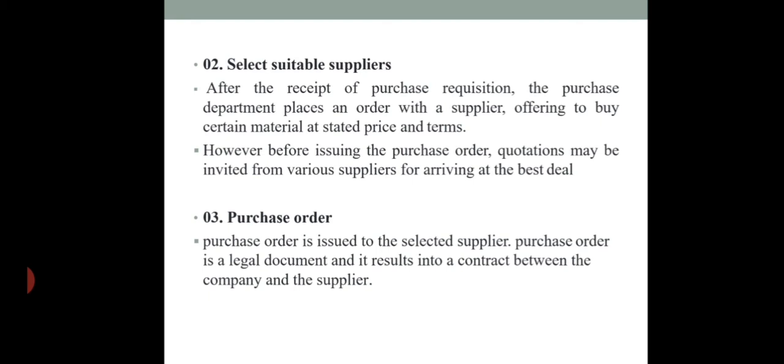The next one is the purchase order. The third step of the purchasing procedure is the purchase order, which is issued to the selected supplier. A purchase order is a document created by a purchase officer that indicates the items they wish to purchase from the suppliers.